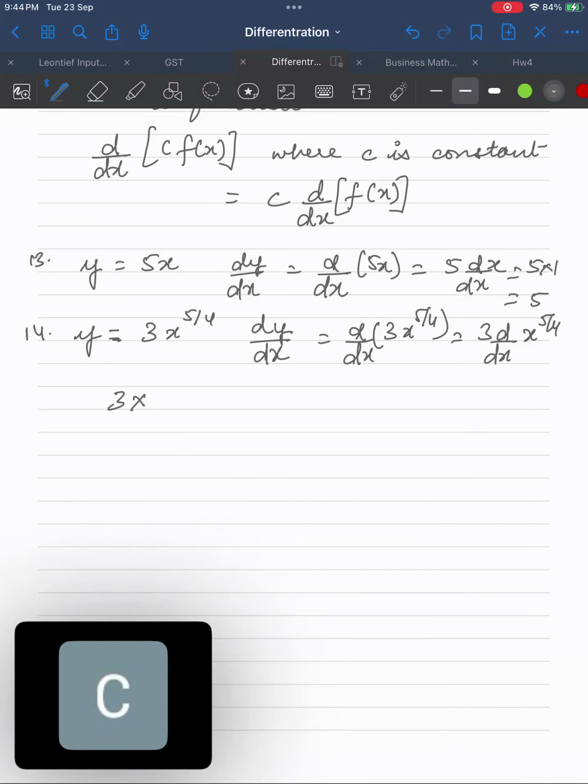It would be 3 multiplied by, and when we differentiate it, like the previous rule, whatever was there in the power would come out, 5 upon 4, and x power 5 upon 4 minus 1. So the answer comes out to be 15 upon 4, x power 1 upon 4.